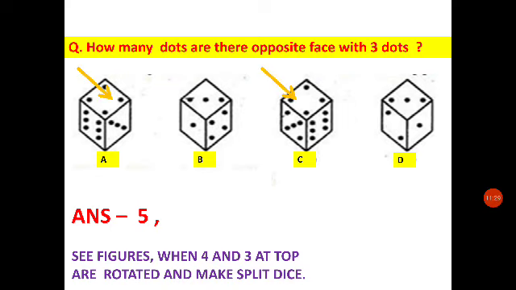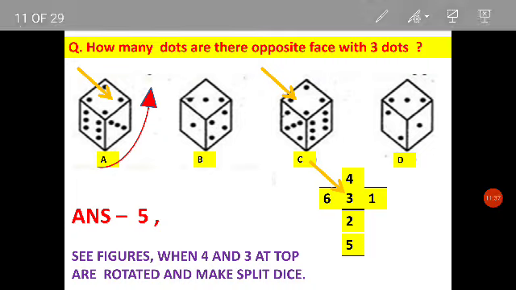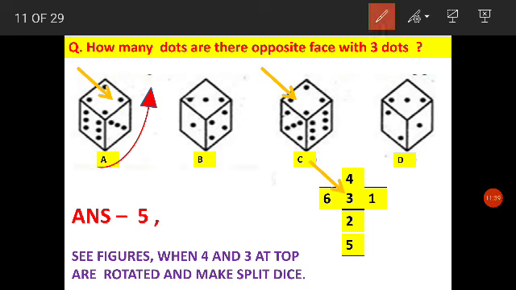Now the best way is that you draw the cube, split cube, by seeing the options A, B, C, D, and in this cube we know when we draw it, 4 is opposite to 2, then 3 is opposite to 5, and 1 is opposite to 6. So when you ask what is opposite to 3, it is 5.